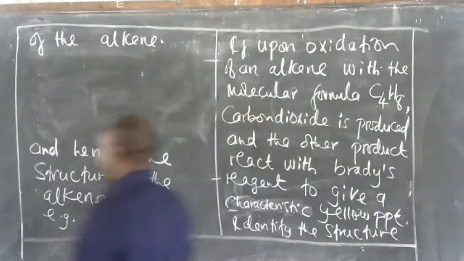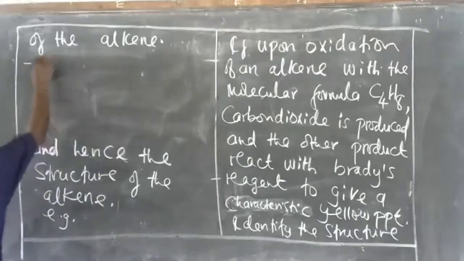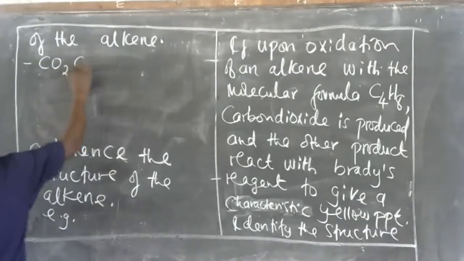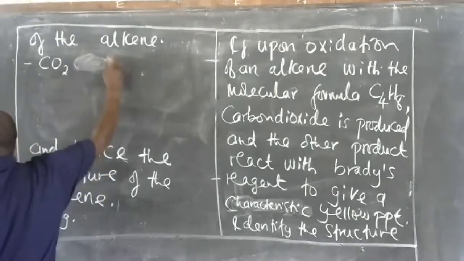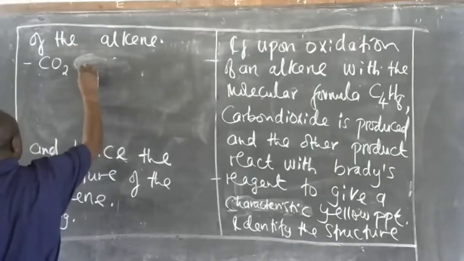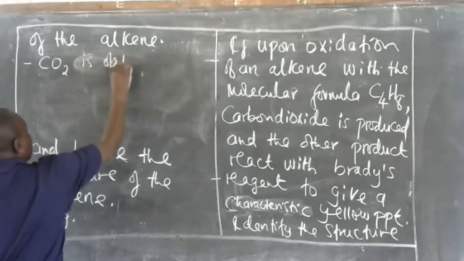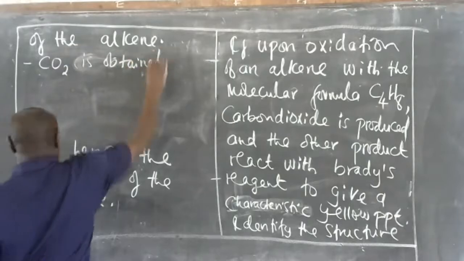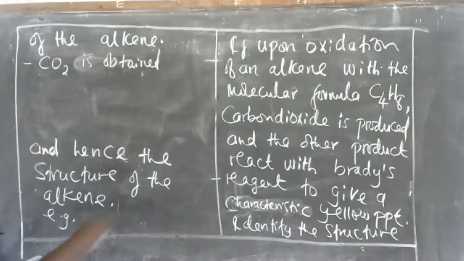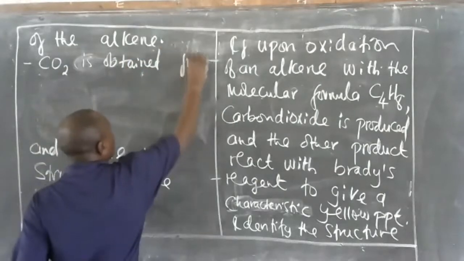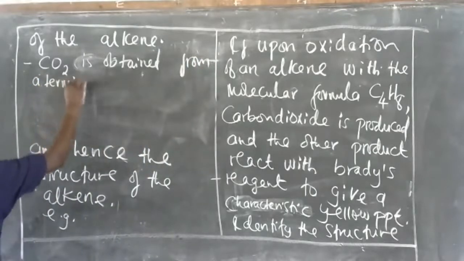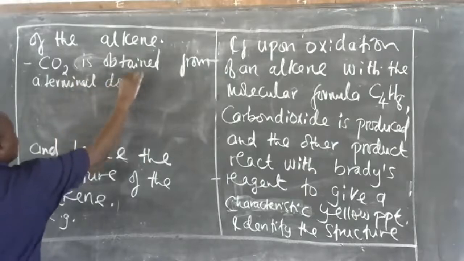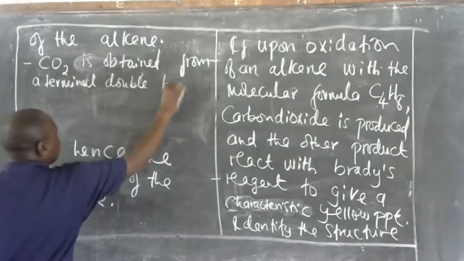So we are going to say that carbon dioxide is obtained from a terminal double bond.